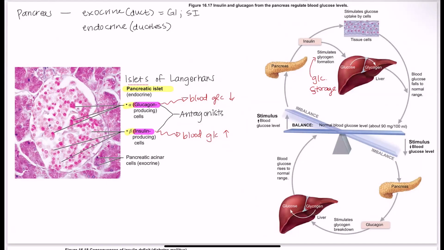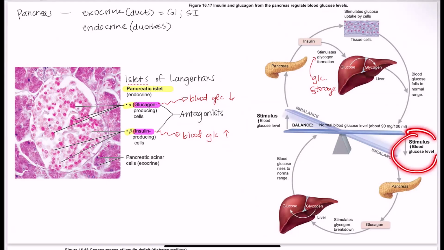And that's where we kind of store glucose until we're ready to use it again. Then what happens is that we also encourage glucose to be used by the cells. And then both of those actions, one storing the glucose and two putting it in the cells, makes blood glucose levels fall. That's great. The flip side is true too.